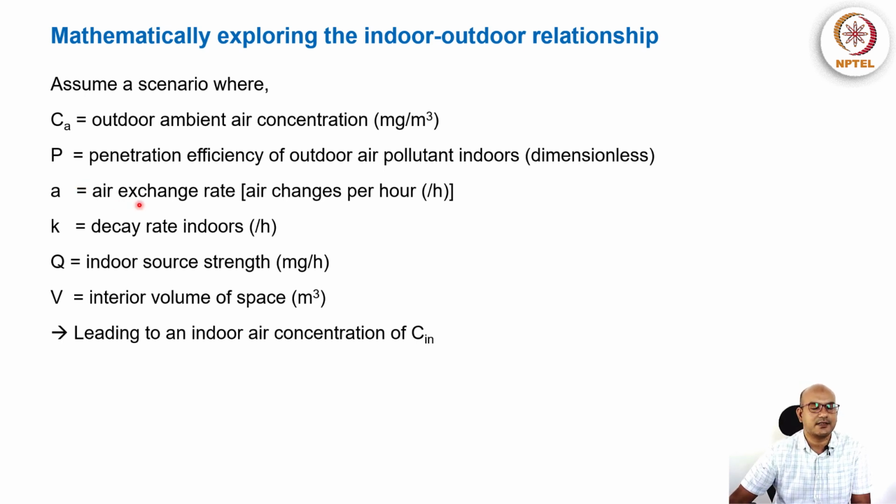Then we will have the air exchange rate, how many air changes are happening per hour. In addition, our scenario is there is some decay inside, there is some indoor source already in milligrams per hour, and then we have the volume of the space, which is in meter cube, and all these are leading to an indoor air concentration of C in. So now how will we derive our C in?